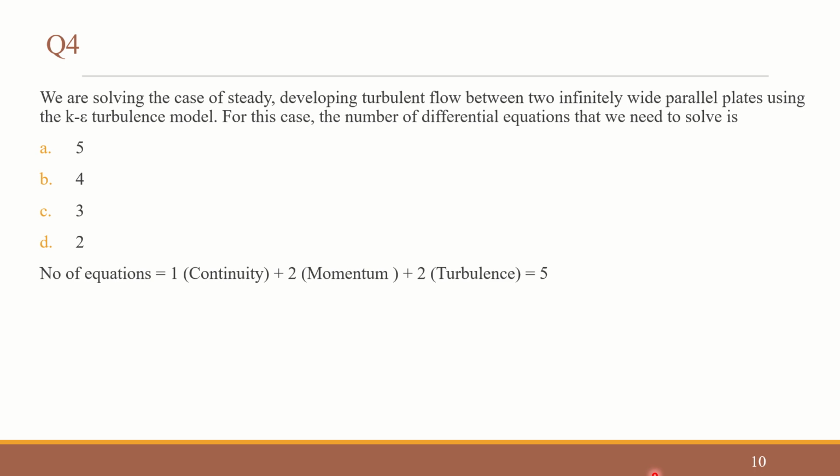So the total number of equations is one continuity equation, two momentum conservation equations and two turbulence equations. So we have five equations on the whole. So option A is the right answer. Option A, that is 5. So I hope you are clear now.